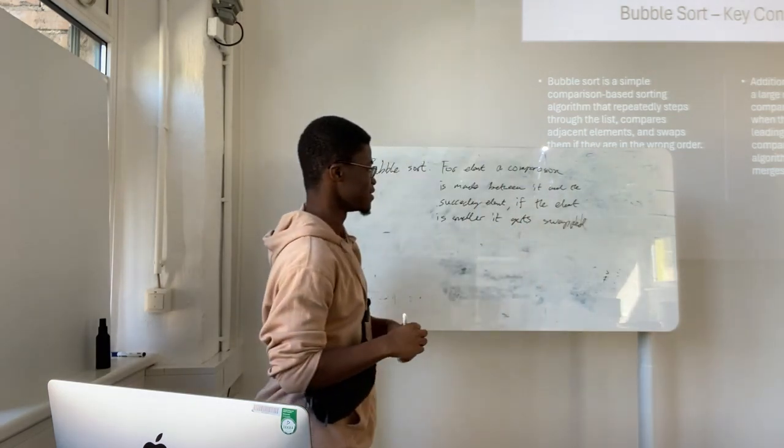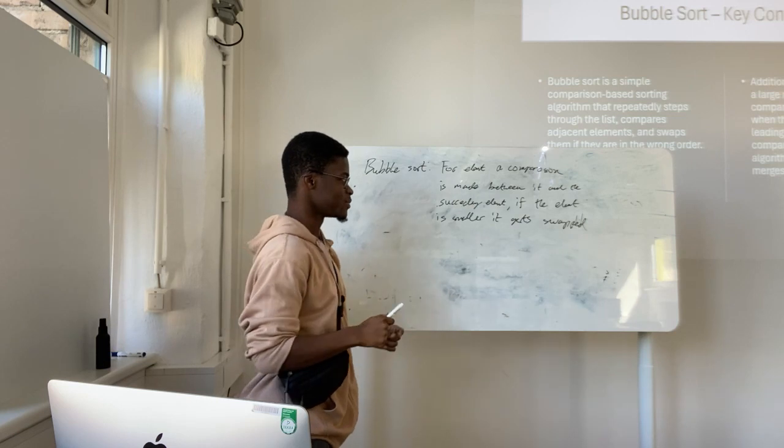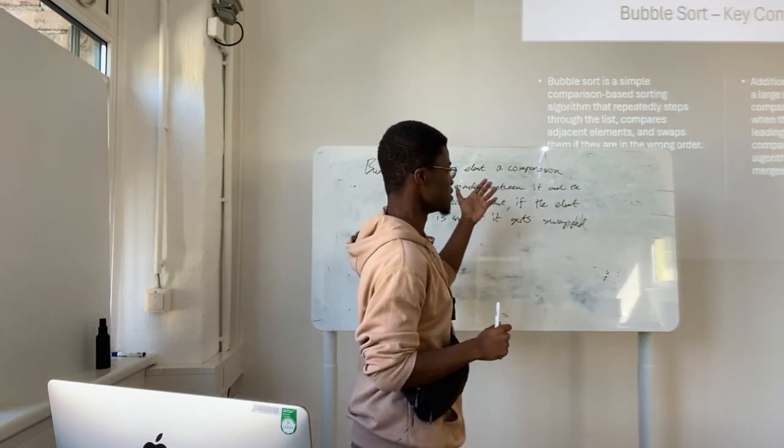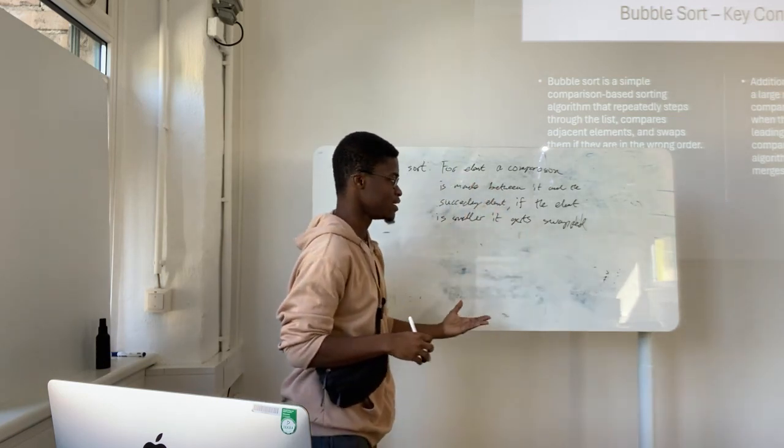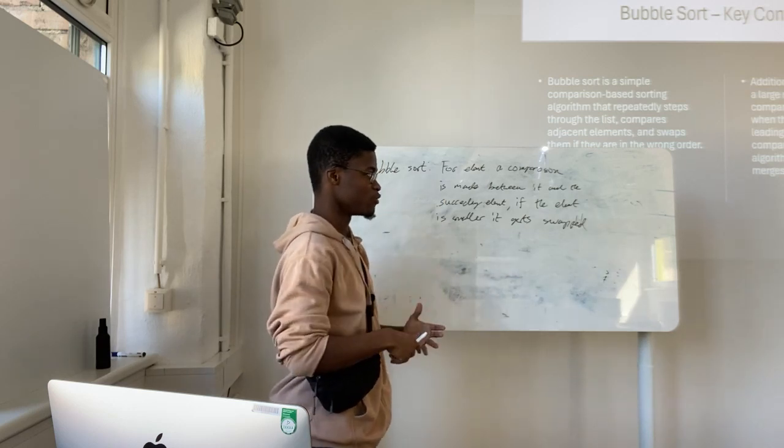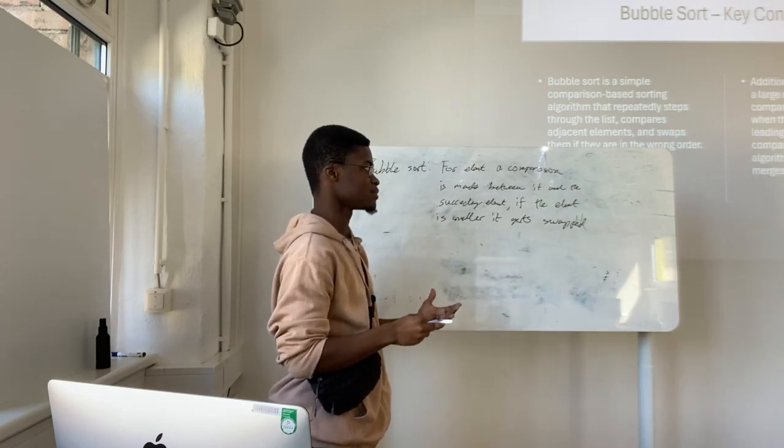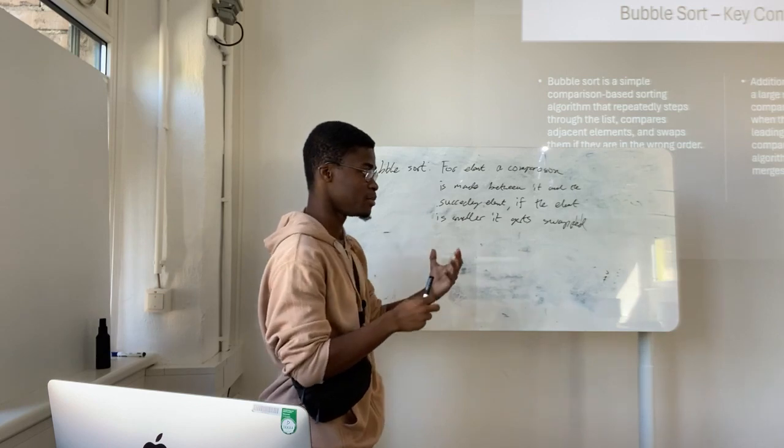Yeah, exactly. You're already getting into another aspect of sorting algorithms, which is that you always traverse each element at least one time. Not in all sorting algorithms, but typically.